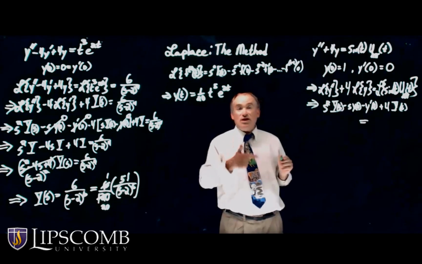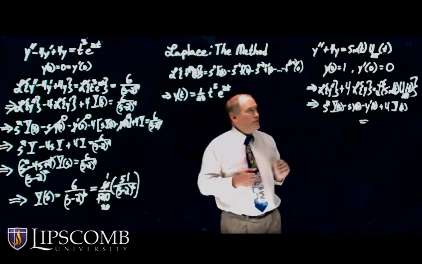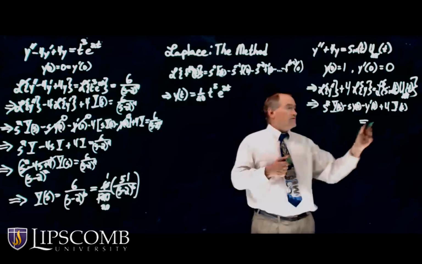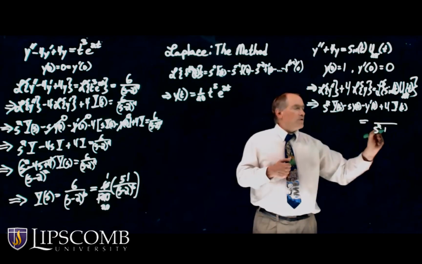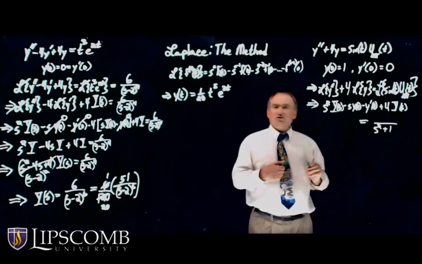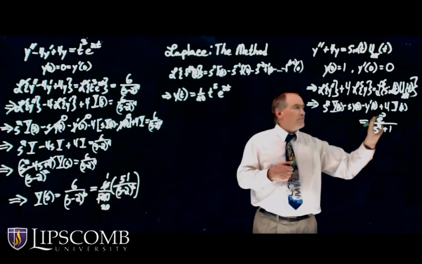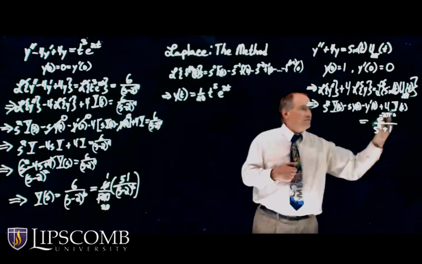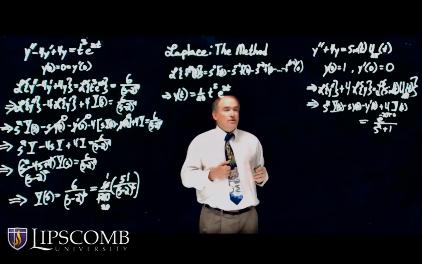Well, this is the second shifting theorem because of the unit step function. So the Laplace of sine of t is 1 over s squared plus 1, but since it's times the unit step function, I'm going to multiply by e to the minus 2 pi s. That's the second shifting theorem.